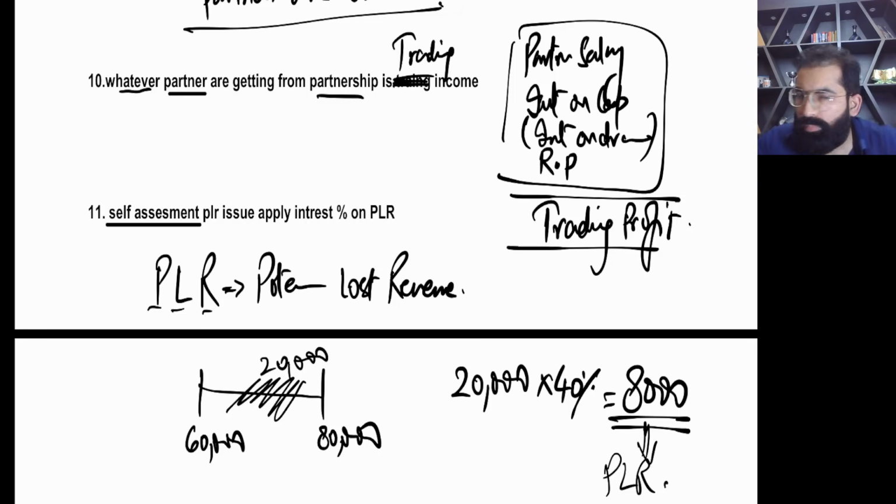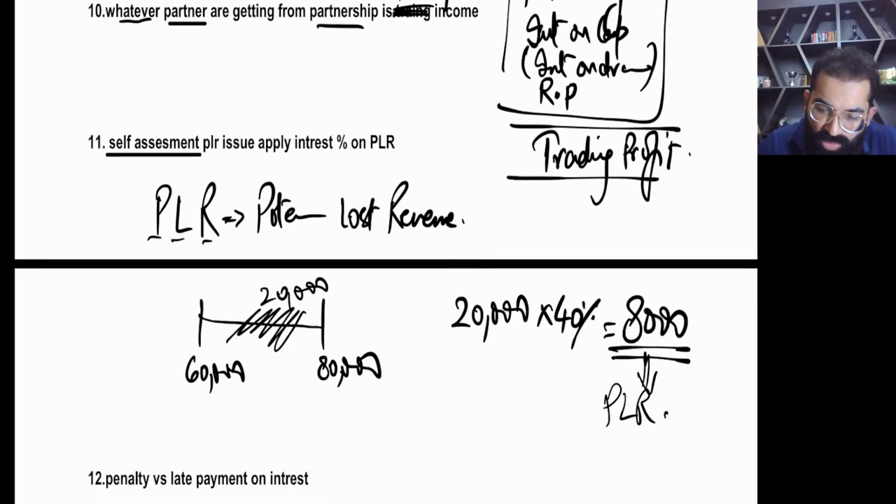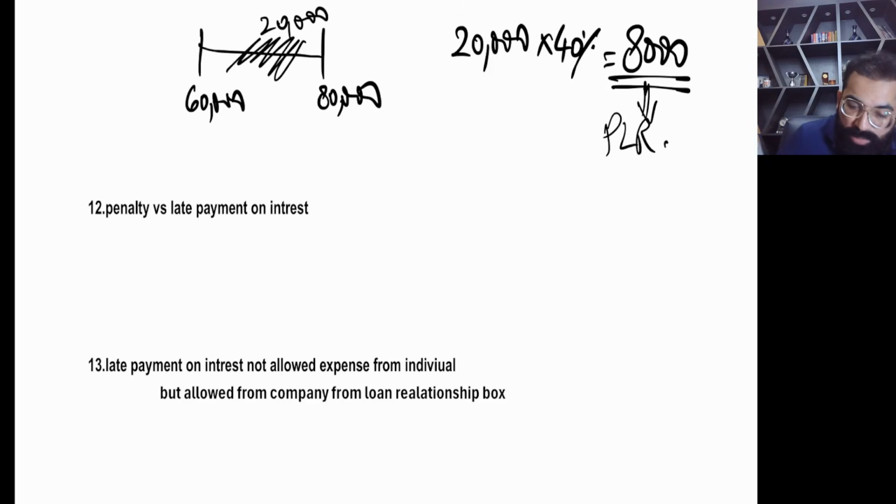So be careful with this. Then for self-assessment individual, there is one thing which we call penalty, and there is one thing which is called late payment interest. That is 6.5% now.